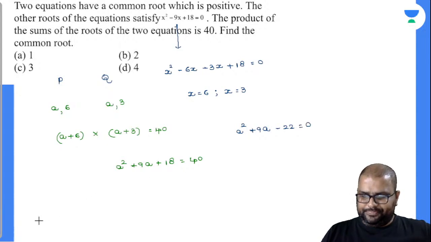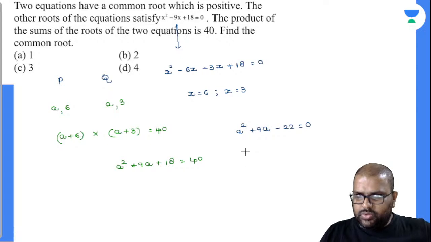So 9. What will be the roots there? 11 2s are 22. So a square plus 11a minus 2a minus 22 is equal to 0. I'll take a as common, a plus 11.